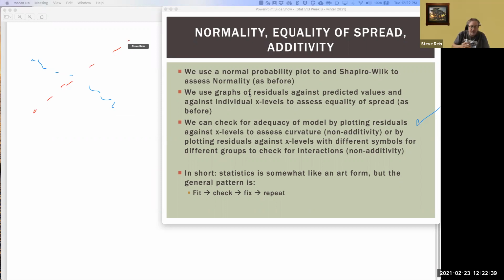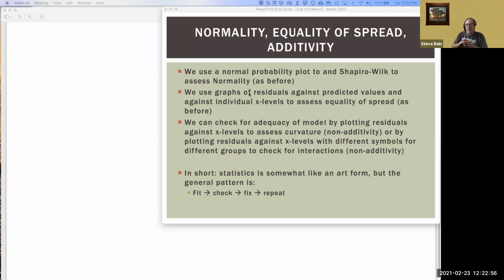You'd think, aha, I need an interaction. There's a lack of additivity in the model. So to summarize, the real idea is down at the bottom. If you spot a problem, fix it.